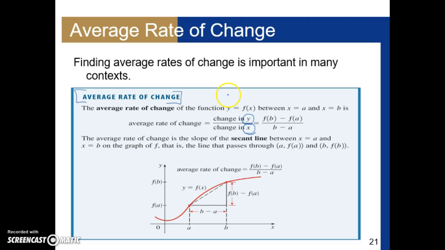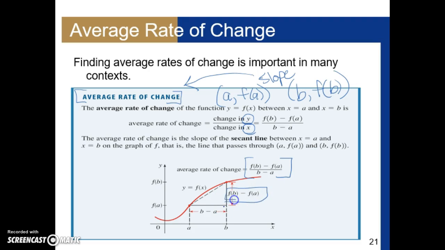So if we have 2 points, A, f of A, there's one data point, and we have another point, B, f of B, then we're looking for the slope of the line that contains those 2 points. That's going to be our average rate of change. So that's why this looks like the slope formula, because that is what it's going to be. It's going to be f of B minus f of A over B minus A.